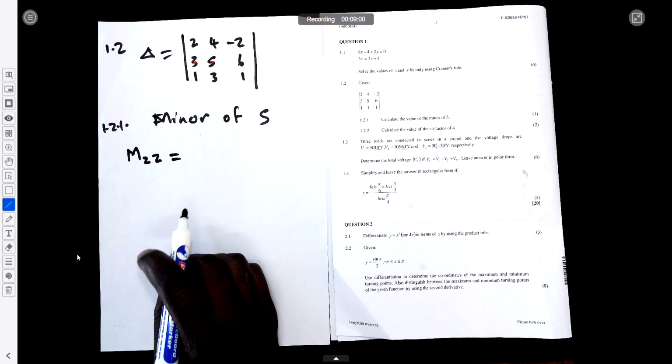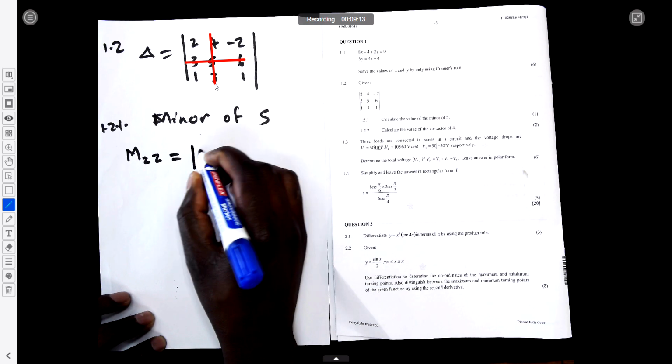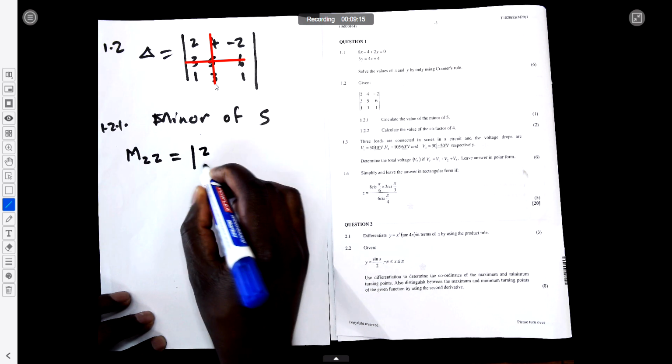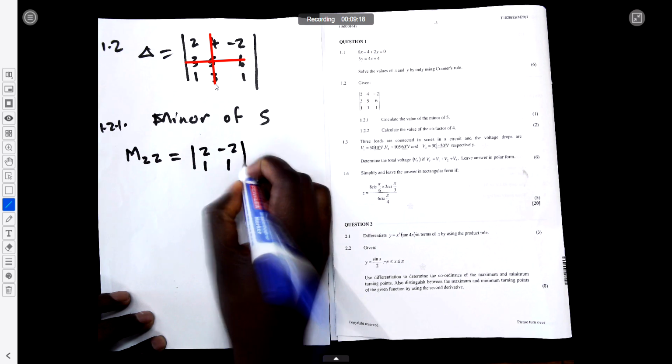Therefore, as we're looking for the minor of 5, eliminate horizontally and vertically from element 5. The minor of that element will be the determinant with rows 2, 1 and -2, 1. Now we evaluate the second order determinant: 2 times 1 is 2, minus 1 times negative 2, so minus negative 2. The solution is positive 4.